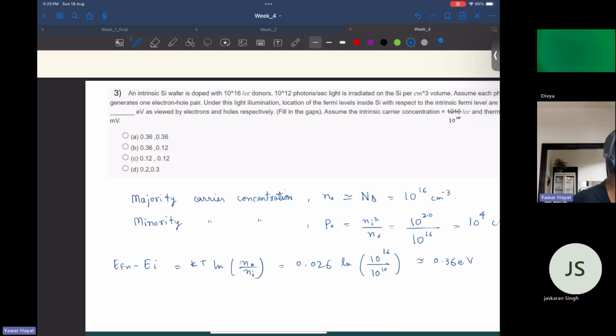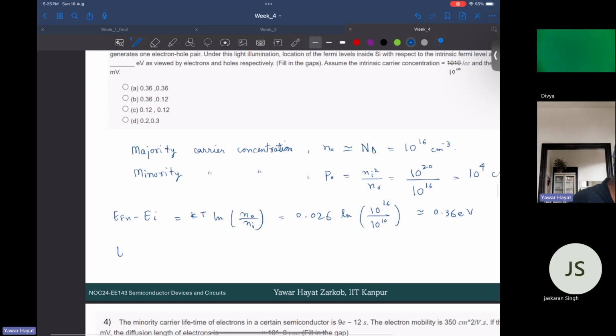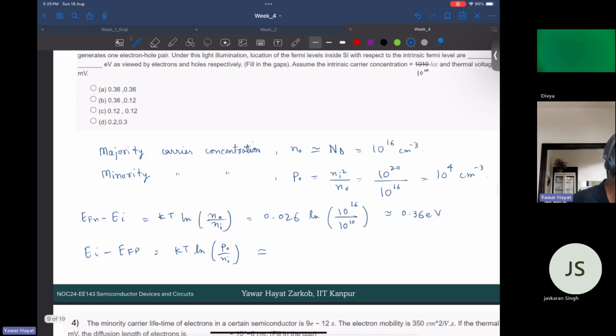This is the position of the Fermi level at thermal equilibrium. And similarly, EI minus EFP would be kT ln of P0 by Ni, right? If you compute this, using P0 as 10 to the power 4 and Ni as 10 to the power 10, this would be approximately again 0. What would this be? Wait.